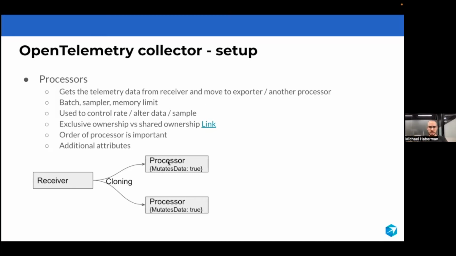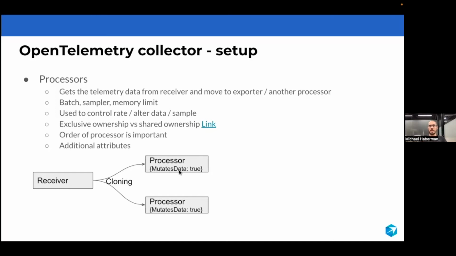Different processors have configuration, and one of the configurations that they need to declare is whether they are mutating the data. If you are using a processor that is going to mutate the data, and you have more than one, that is going to cause the collector to clone the data.